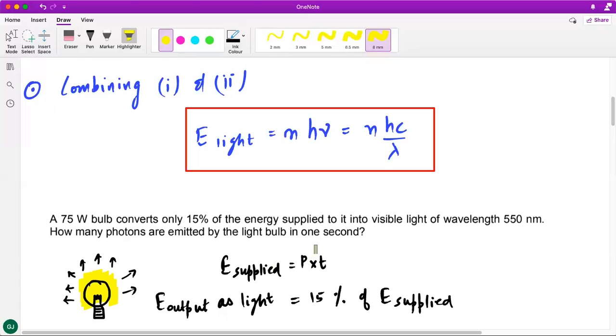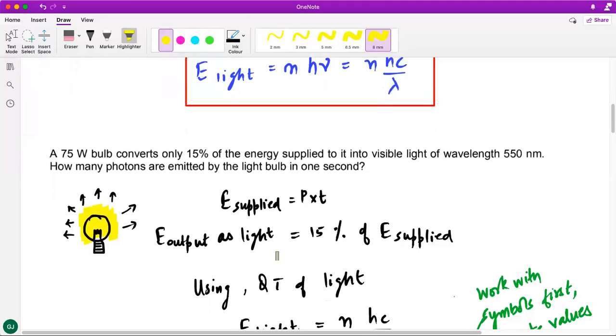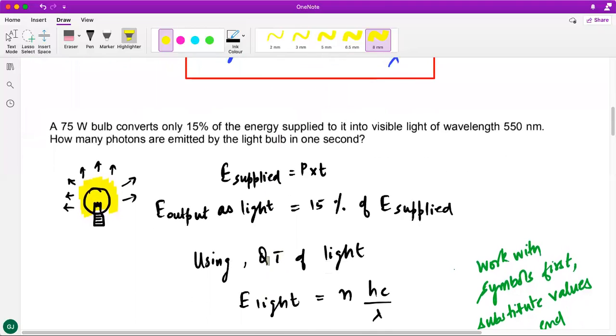It is power into time, where time is mentioned as 1 second and power is given as 75 watts. Now this energy is supplied and only 15% of it is being emitted as light of wavelength 550 nanometer. Now using the quantum theory of light, I can substitute that this energy of light is equal to nhc by lambda, right?